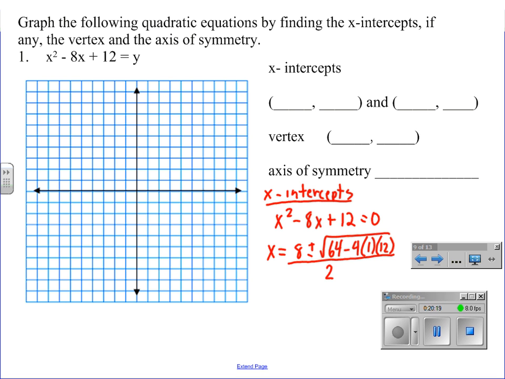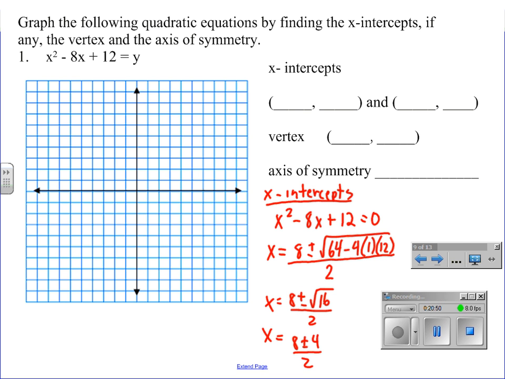All right, now it's just simplifying. 64 minus 48, is that 16? Yes. Okay, so we got x equals 8 plus or minus 4 over 2.